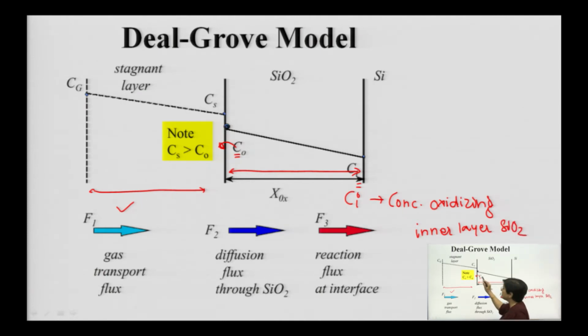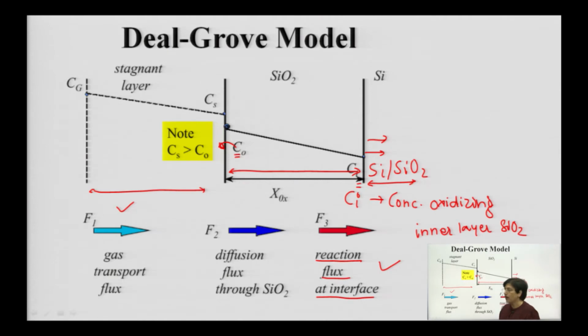Now, Co stands for outer layer, Ci stands for inner layer, and another one which is penetrating inside, I define as the flux F3, which I call the reaction flux at the Si-SiO2 interface.